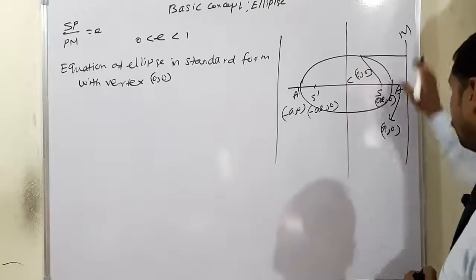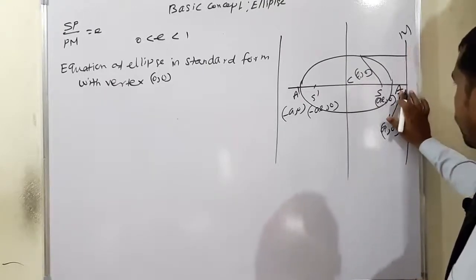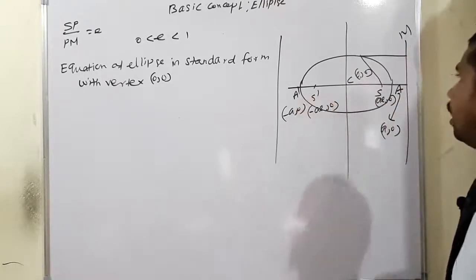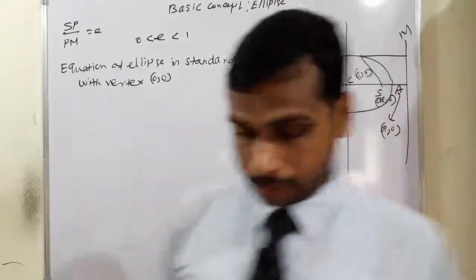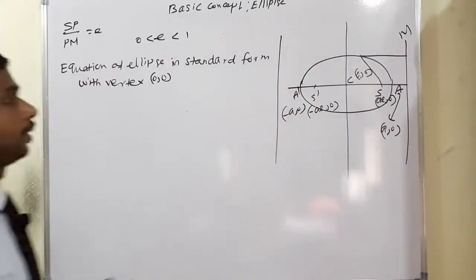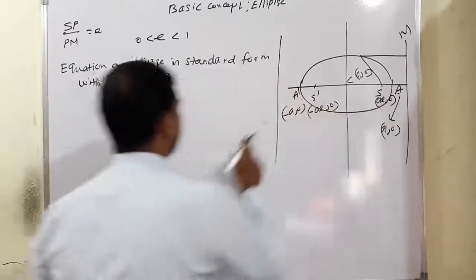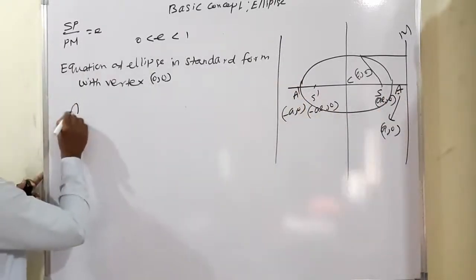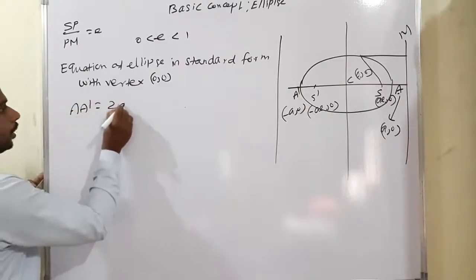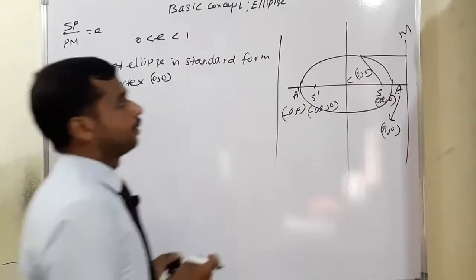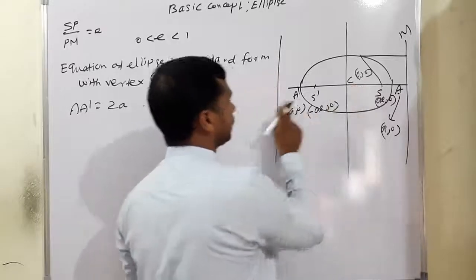Now this is called M, then A dash. The main condition: the length of latus rectum, that is called A to A dash. Simply we can say CA is equal to CA dash.